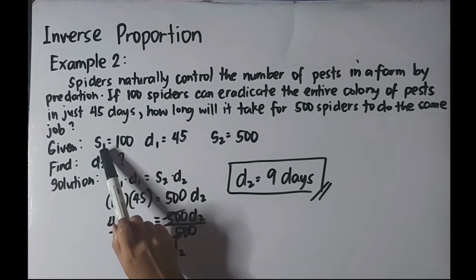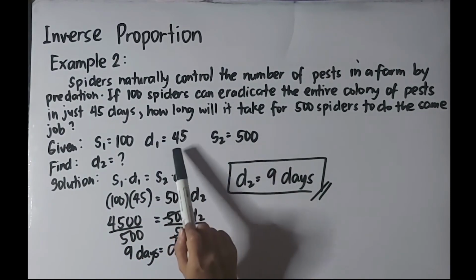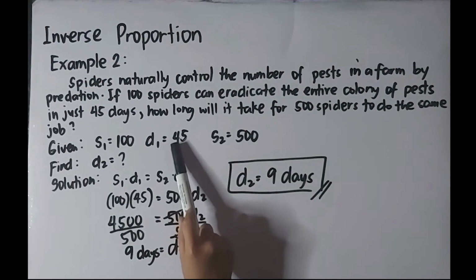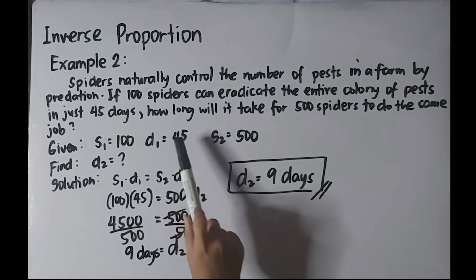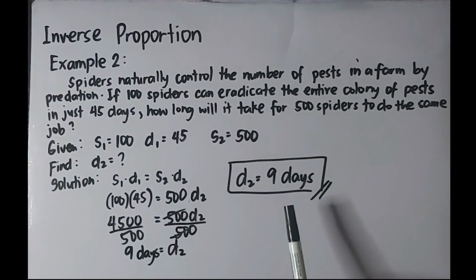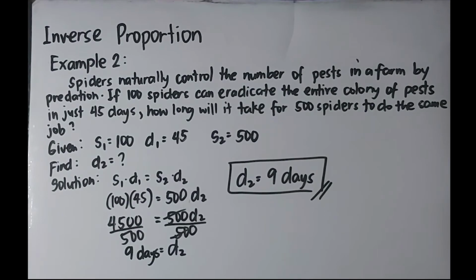So the number of spiders increases, but the number of days that the spiders need to do the job goes from 45 days to 9 days, it decreases. That means it's inversely proportional, or an example of inverse proportion.